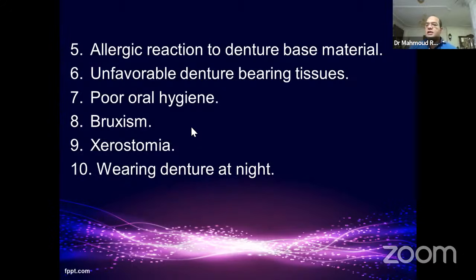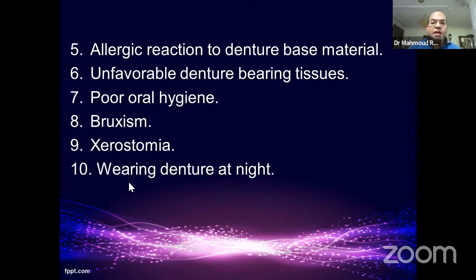The patient is also more subjected to candidal infection, difficulty in deglutition, and many problems like poor retention, because saliva is important for the physical means of retention, to obtain the film of fluid required for proper physical retention.